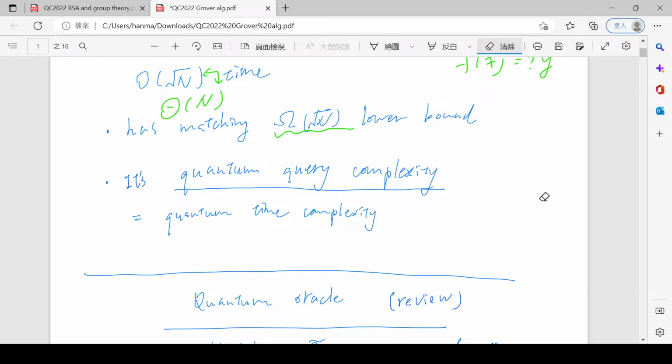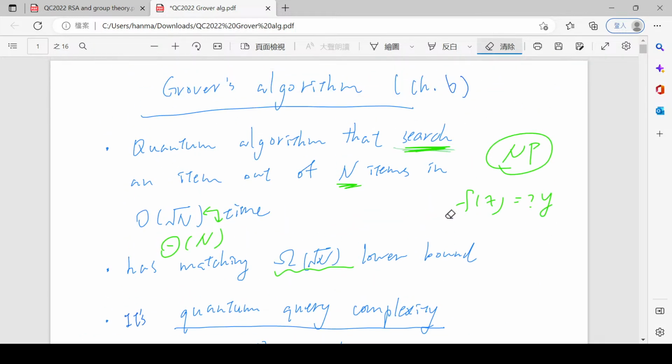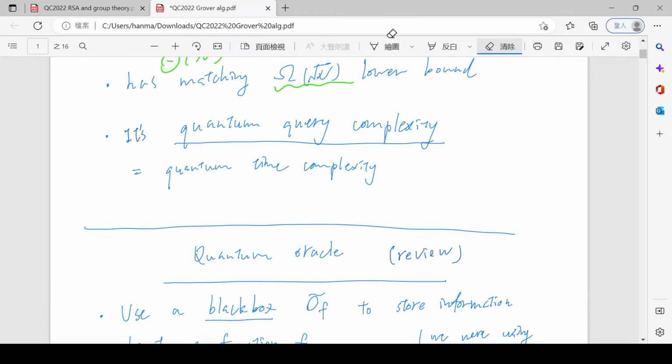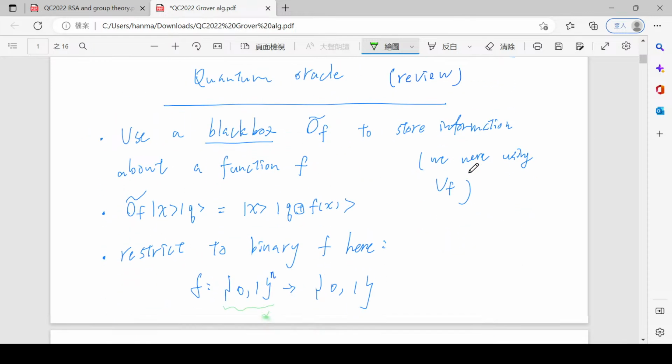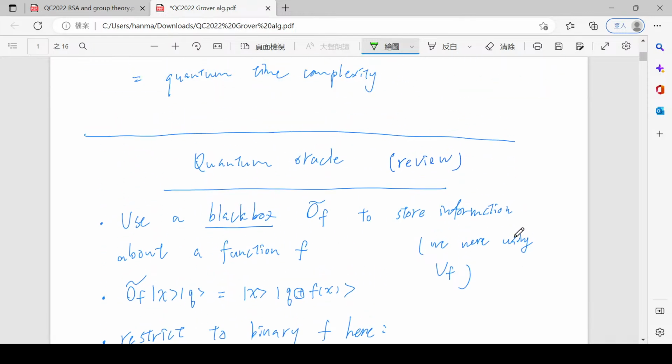Okay, and so let's start with a review about query complexity because we are going to talk about everything in terms of quantum oracles. Now we actually change the notation a little bit. Oracle, remember, is like a black box. It represents some kind of subalgorithm.